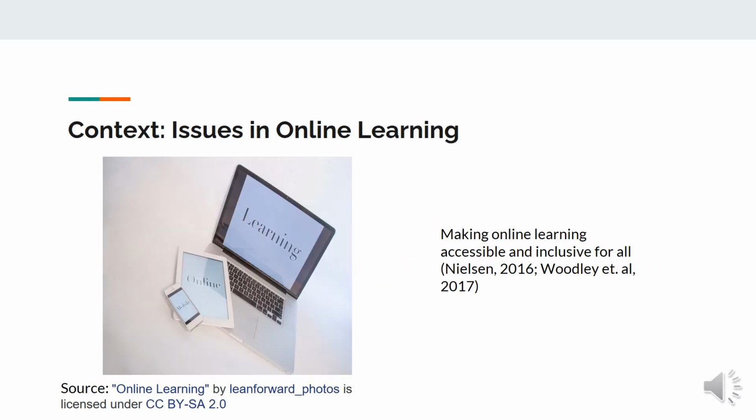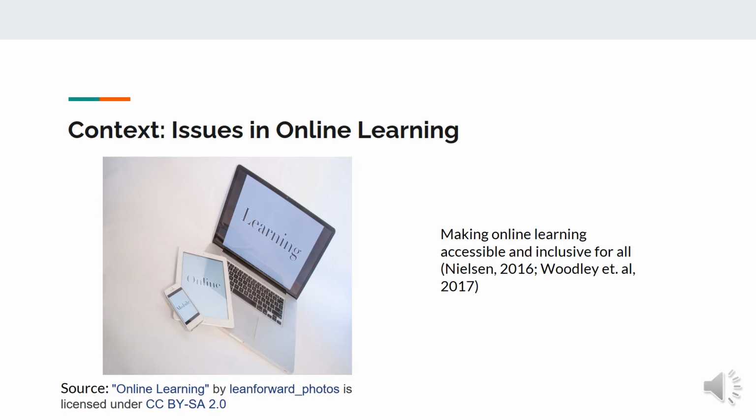So, in terms of the context, since this is an online class, it's important to highlight some of the issues that have been identified with online learning. For instance, there's been a lot of emphasis on accessibility and inclusion because these are very fundamental to making online learning available to every student, irrespective of their background.